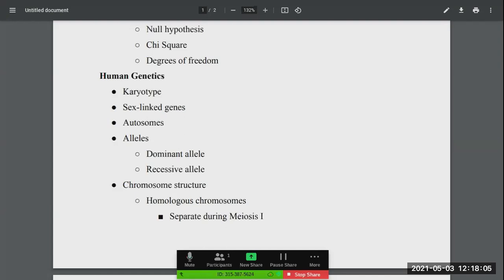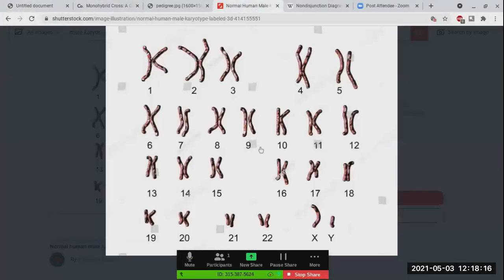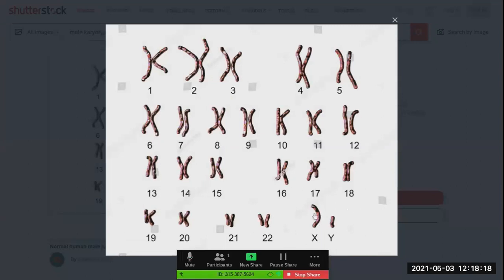Human genes, we can classify them into two: sex-linked genes and non-sex-linked genes. The sex-linked genes are X and Y, the X chromosome and Y chromosome. We call them sex-linked genes. That means this is a chromosome, so there are genes within this chromosome at different segments over here too.